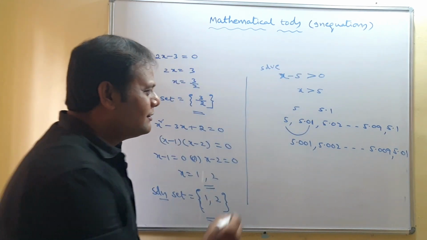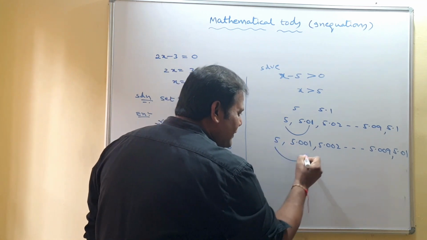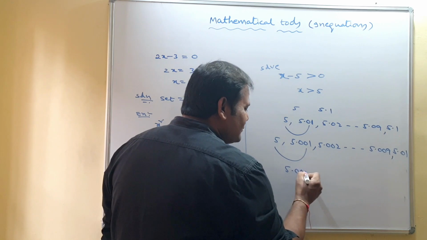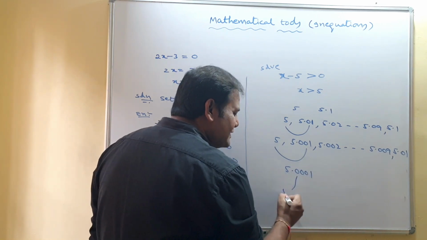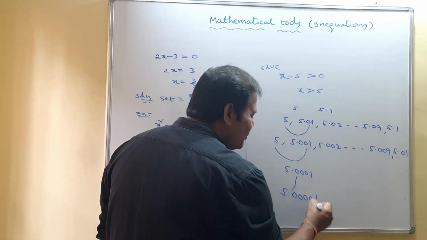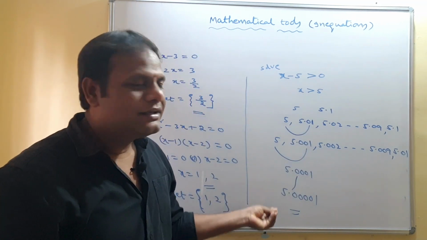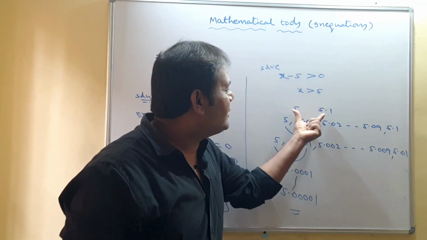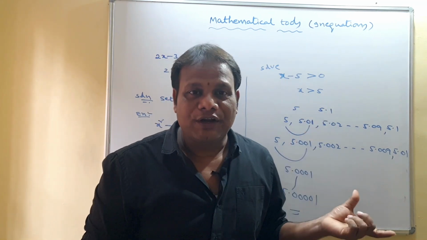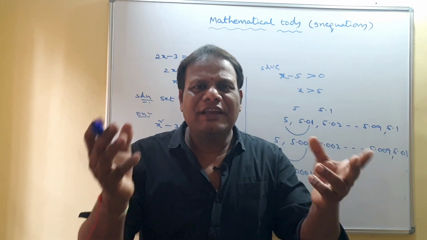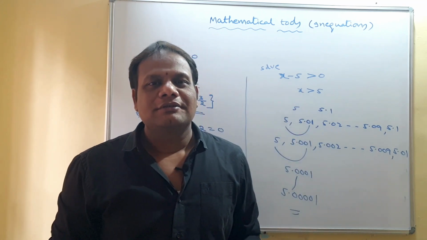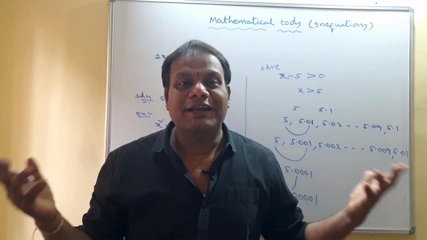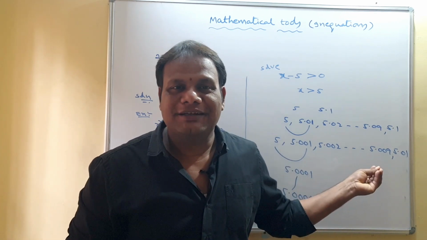Are there any real numbers between 5 and 5.001? Yes, add one more 0. Is there any end for this? No, there is no end. Between every two real numbers, infinitely many real numbers exist. You must remember that.